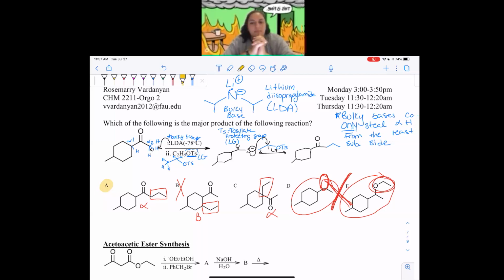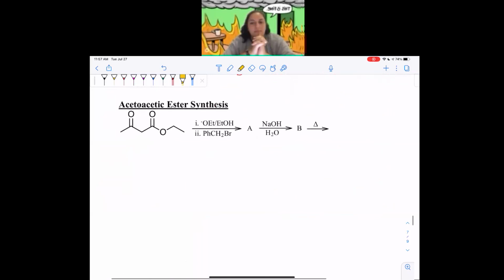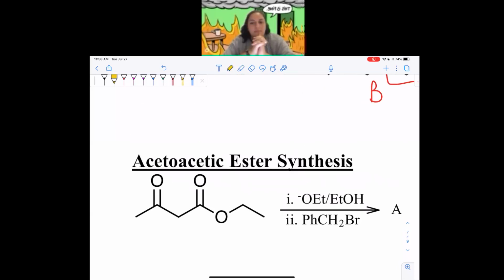All right, so if we don't have any questions, we're going to go on to the next reaction. So these reactions are called acetoacetic ester synthesis reactions, which first of all, in and of itself, is a mouthful. Second, you have to know that this is not the final product. This is the starting material.